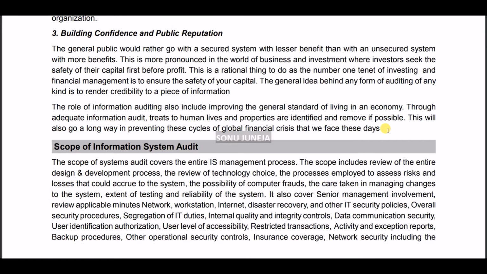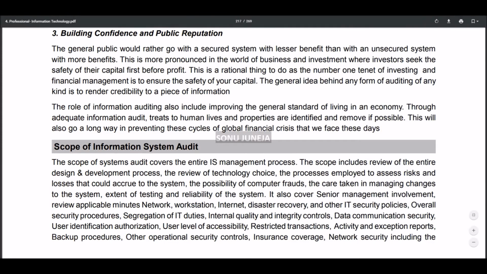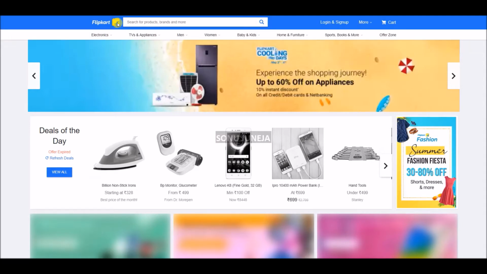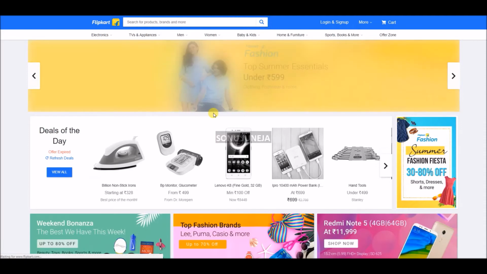So building reputation is again by the fact we know that, let's just say I have this website. Every one of us is aware about this.